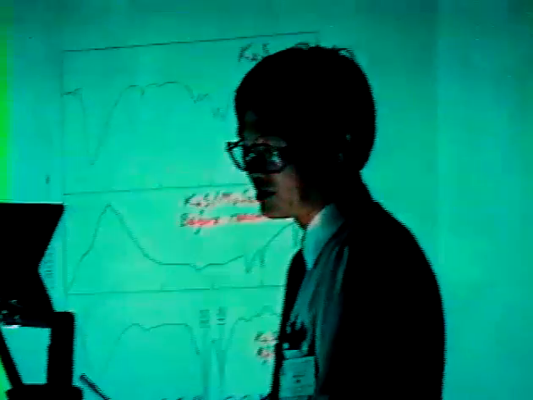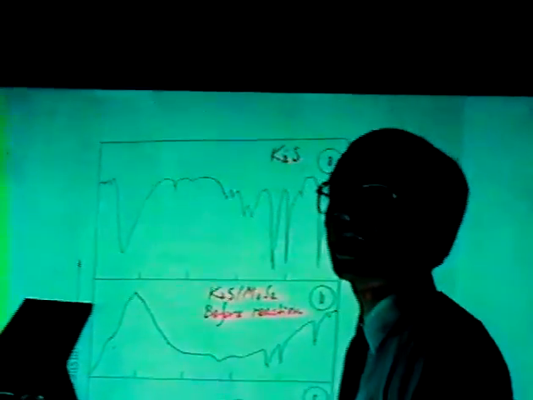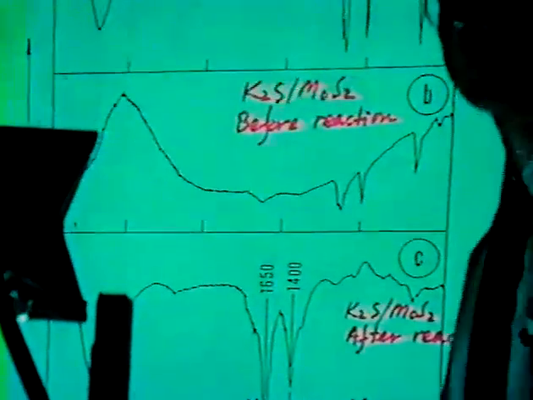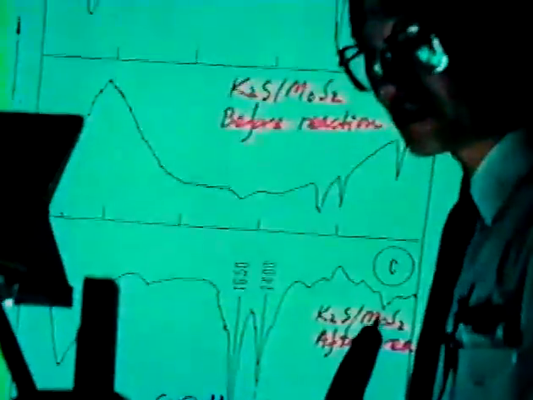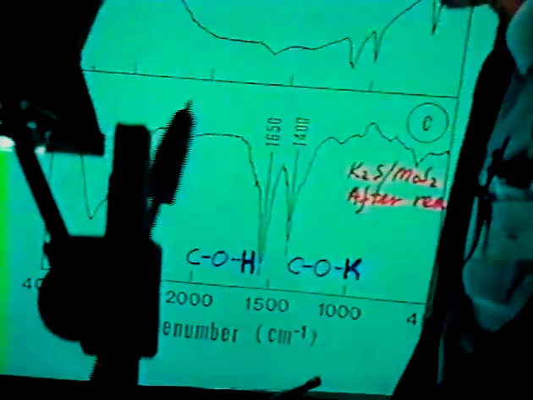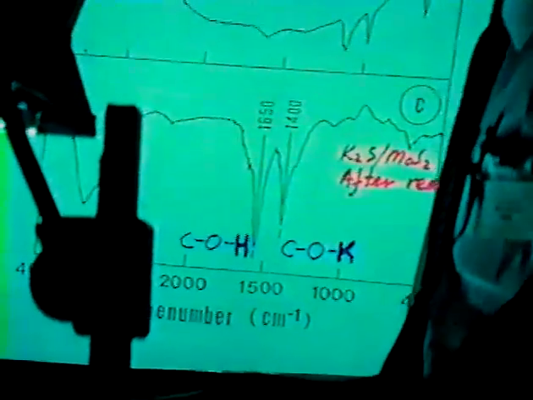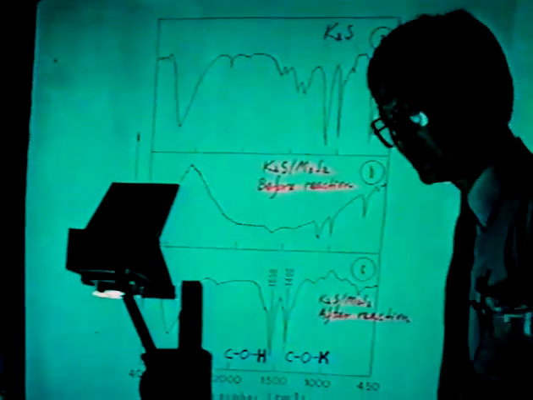You can see this difference much more clearly in the case of K2S, which is another alcohol promoter. Before the reaction, you see the peaks coming from the K2S. But after the reaction, these features disappear, and you have a new strong peak in this region, which could be assigned to a bicarbonate species.